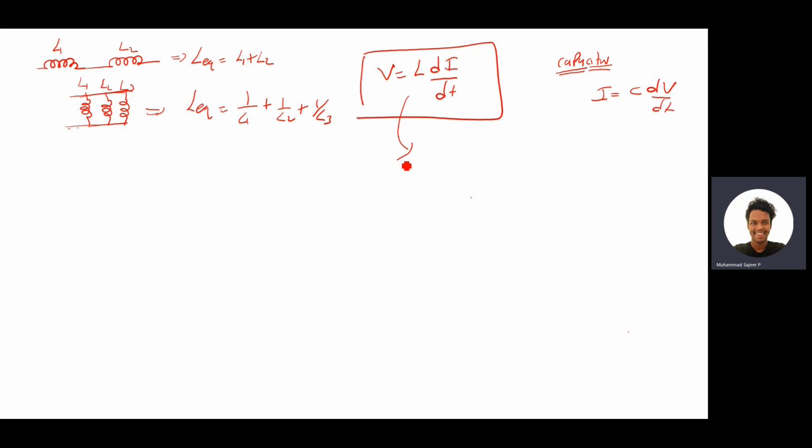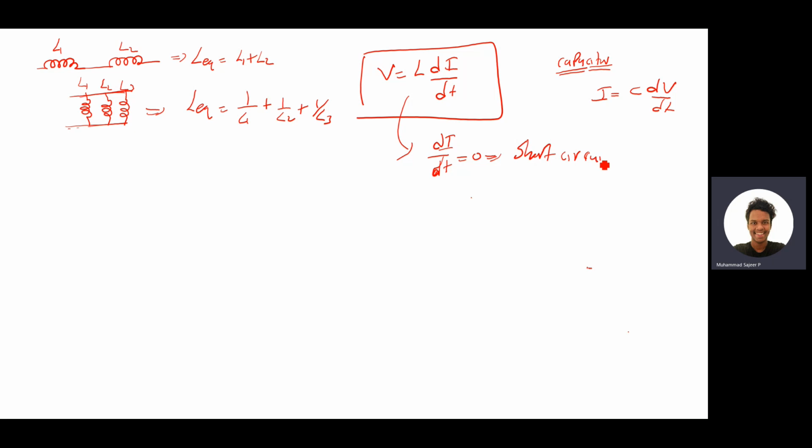If you look at this equation, what you can understand is that when the current does not vary with time, di by dt will be 0. That means the inductor will act like a short circuit. As I said, when di by dt is 0, V equals 0, and hence the inductor will act like a short circuit.